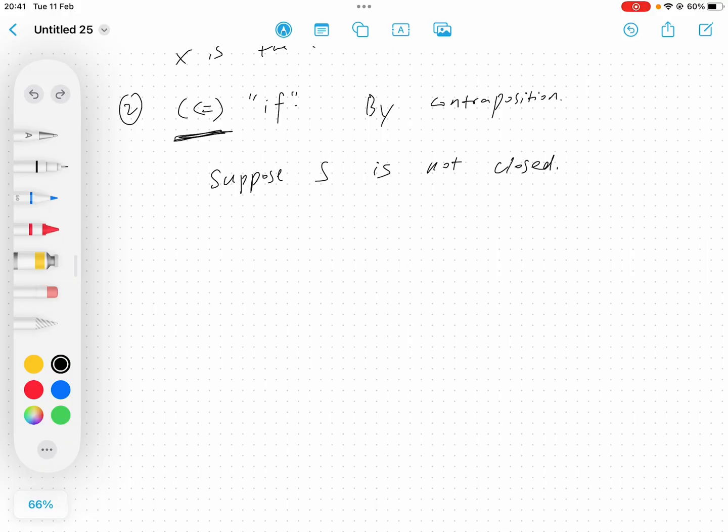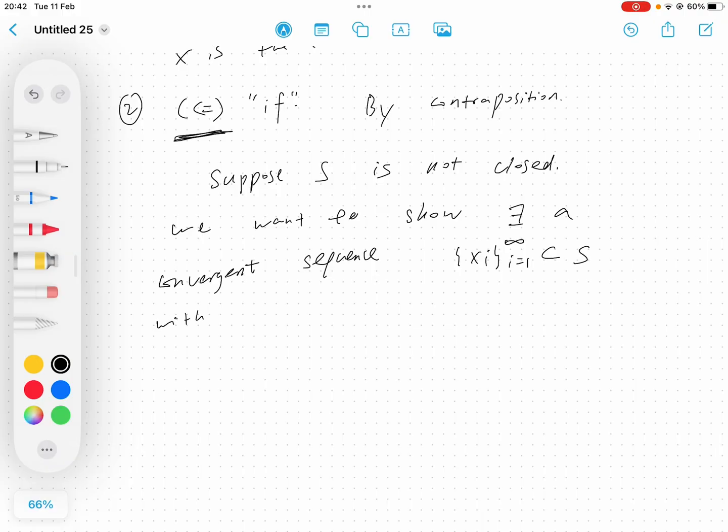So suppose S is not closed, so we want to show there exists a convergent sequence xi from 1 to infinity as a subset of S. Now we convert the "any" to "exists", but we're also going to have the negation, with the limit X, where this X is not in S. The negation of X in S is X not in S, and that is a valid negation.